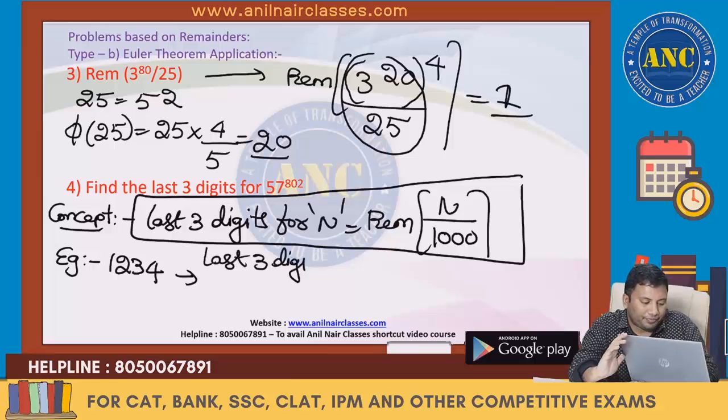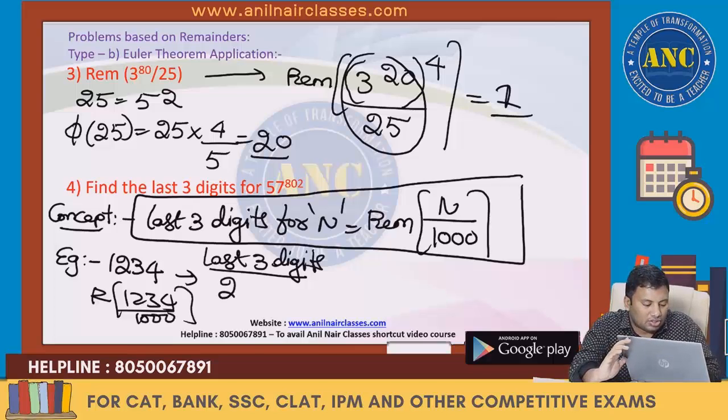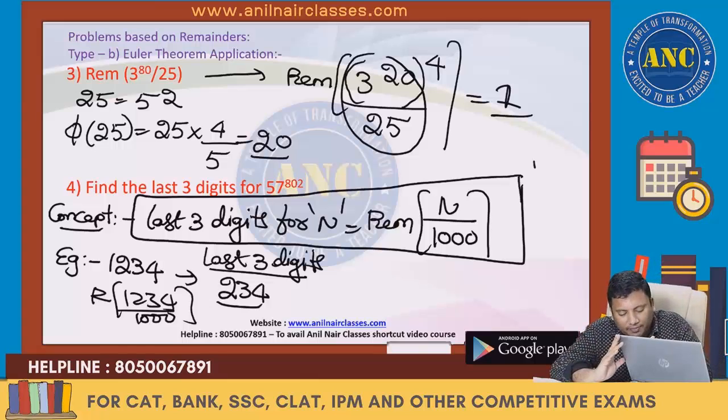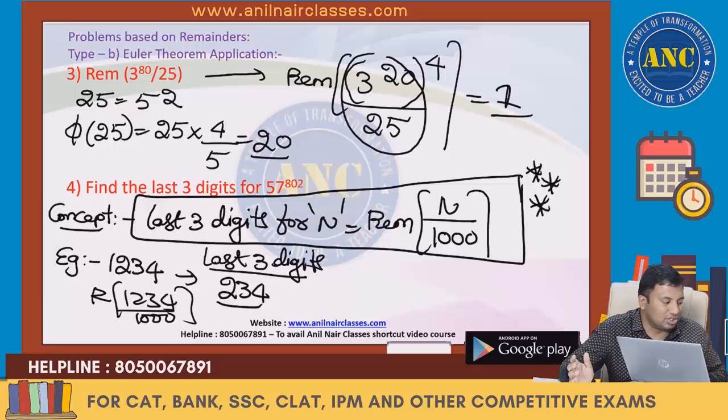For example, 1, 2, 3, 4 divided by 1000: 1000 ones are 1000. So, this is 234. The last 3 digits for any number is the remainder when you divide the number by 1000.